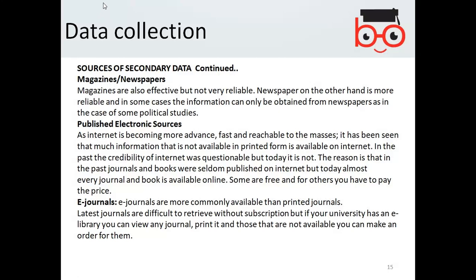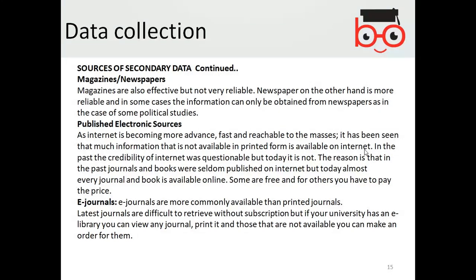While for published electronic sources, as the internet is becoming more advanced, fast and reachable to the masses, much information that is not available in printed form is available on the internet. Obviously, you know well that whatever research or information you get today becomes available to you online first, and then it comes into print.